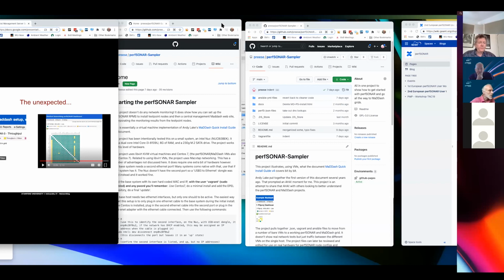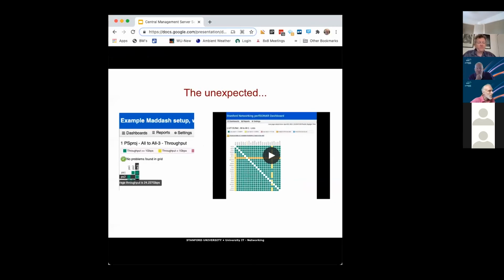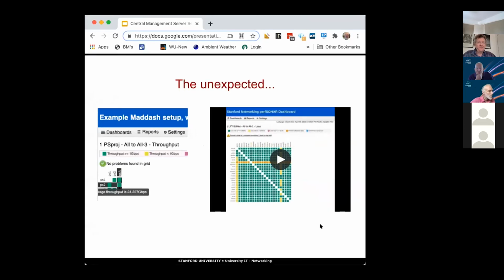If you just click on screen share, you should see a variety of your different windows, and you can pick just the one that's got your presentation in it. Any different? It's better. No. If you can shrink the window down to eliminate some of the top and bottom black bars. There we go. Yeah, that's great. Perfect. Okay. I should have known.